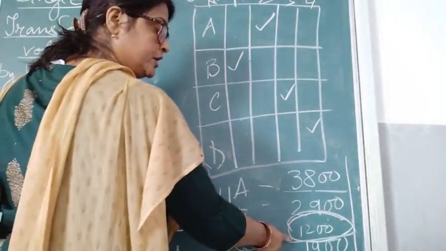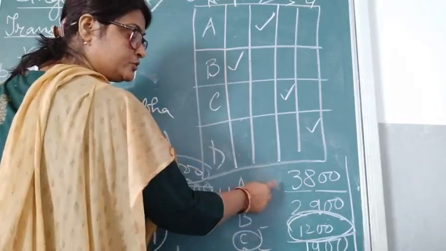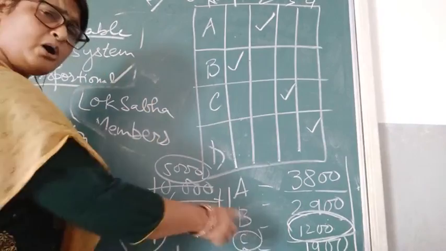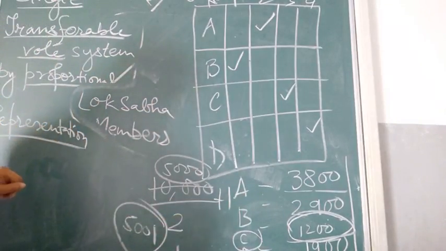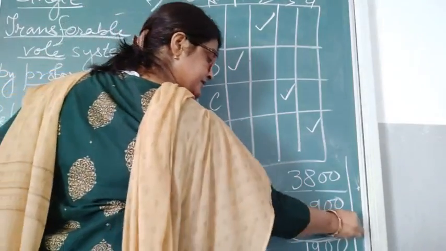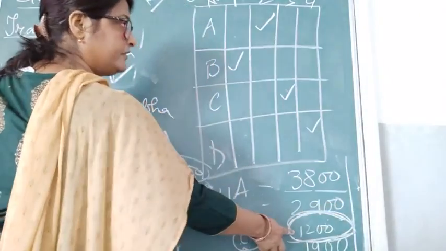So, I was talking about the C candidate who got this 1,200 votes. Now, this vote will be transferred to the rest of the candidates. Now, how will this be transferred? For example, the person who has voted here and this C candidate has got 1,200 votes.